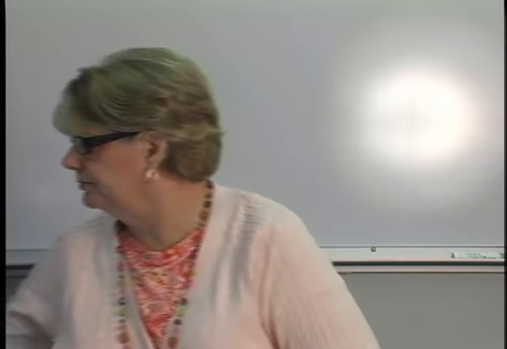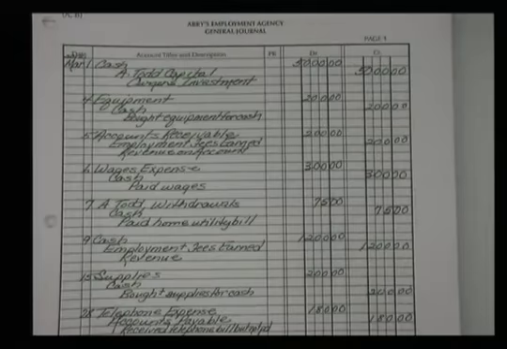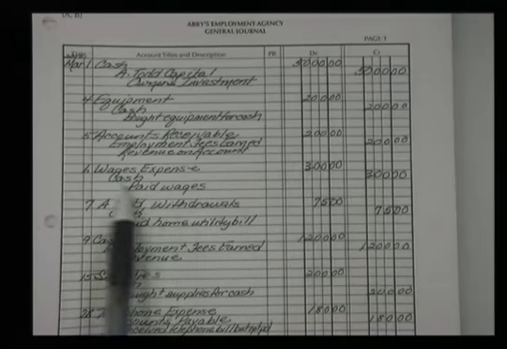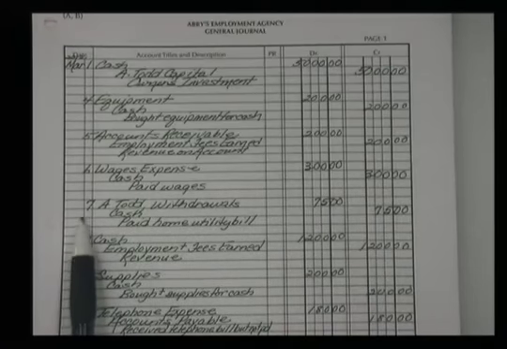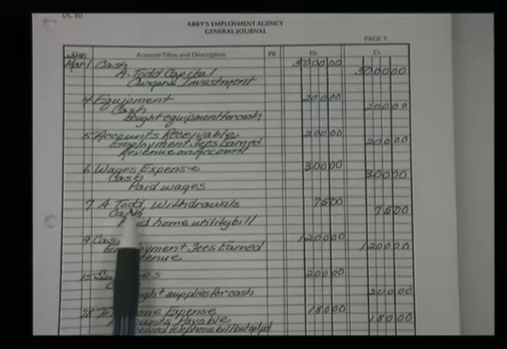Now let's look at the completed general journal after the last transaction in March. This is what your general journal should look like. So on the 6th, you will see wages expense debited, cash credited. On the 7th, you should have Abby Todd withdrawals debited, cash credited for $75.